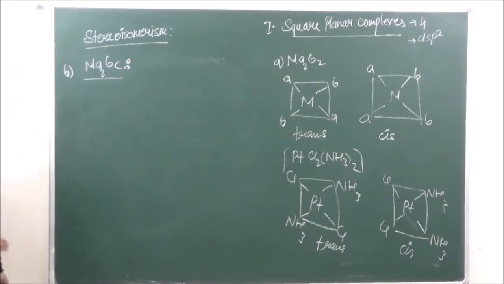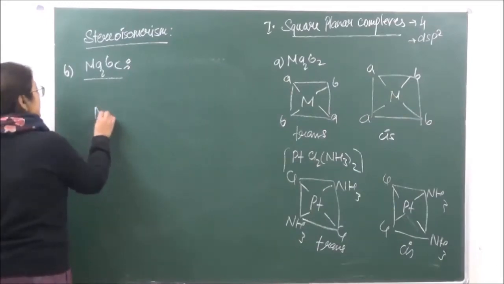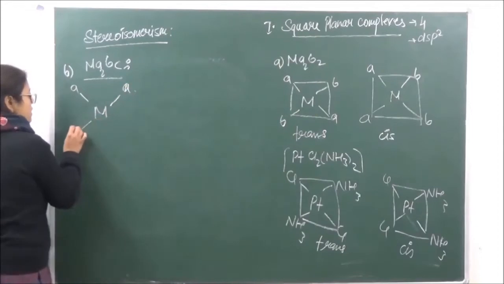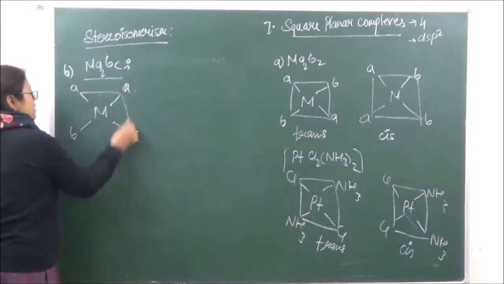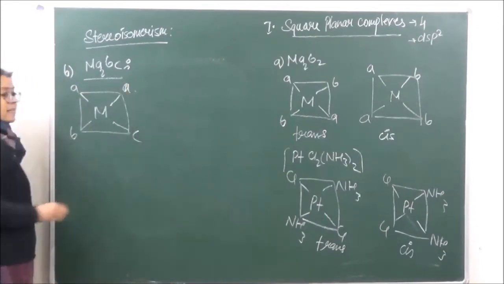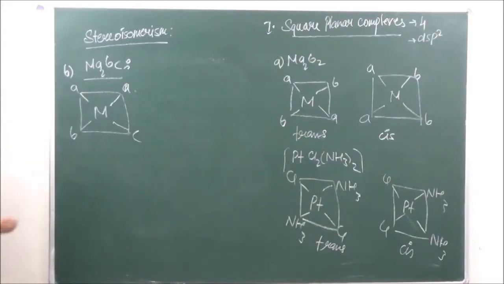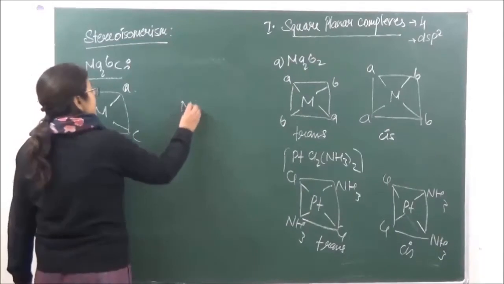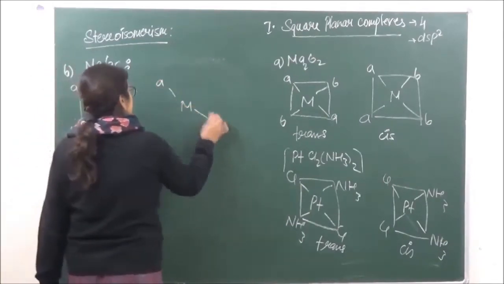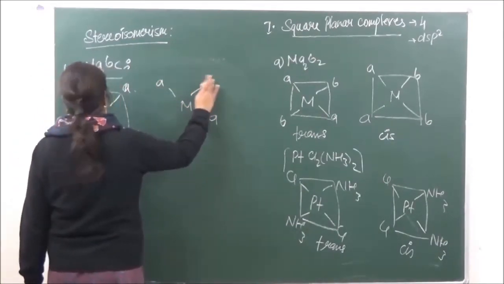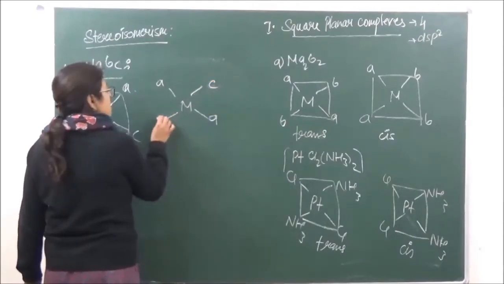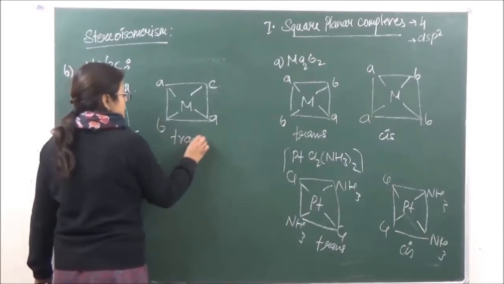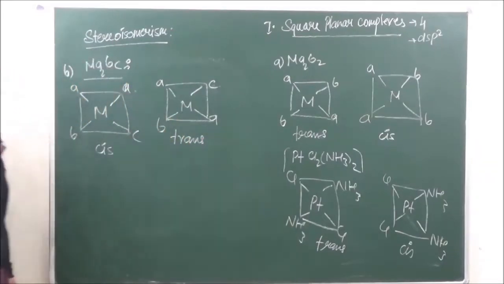Now over here, again if A is on the adjacent sides, as you can see, the A placed adjacent to each other is the cis form. Okay, and if A is placed opposite to each other, then this is known as trans.